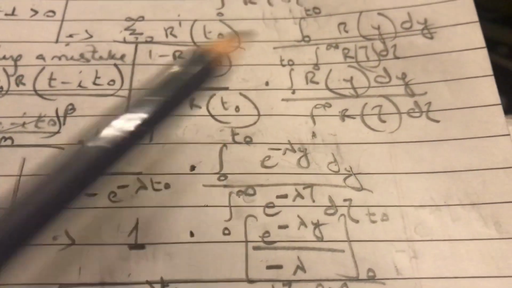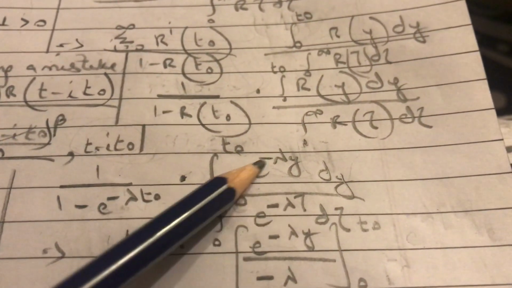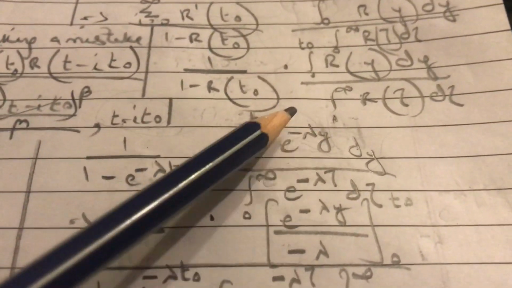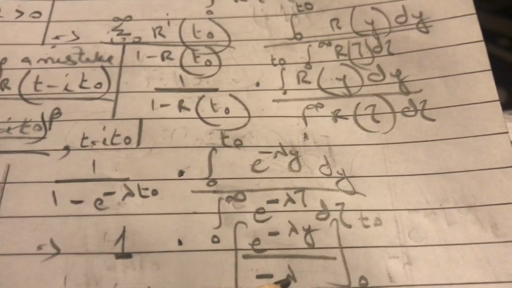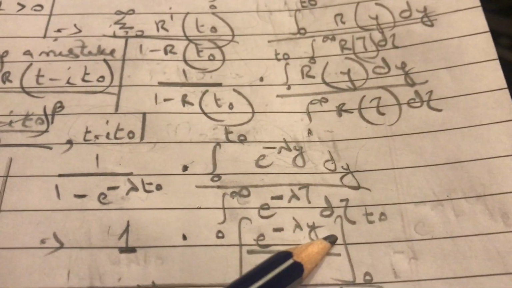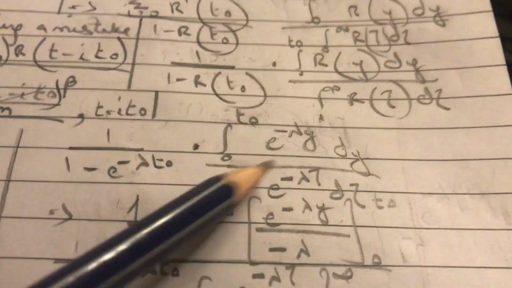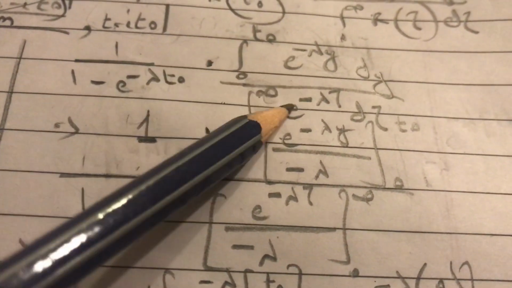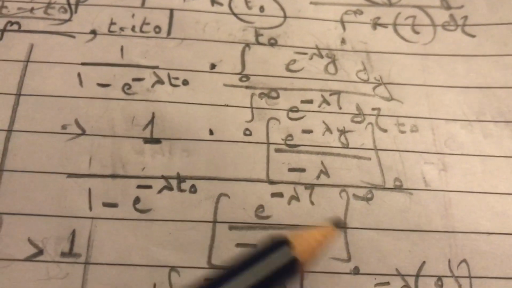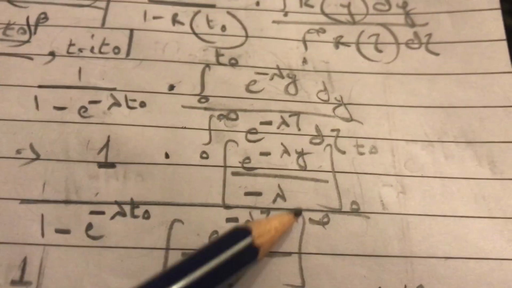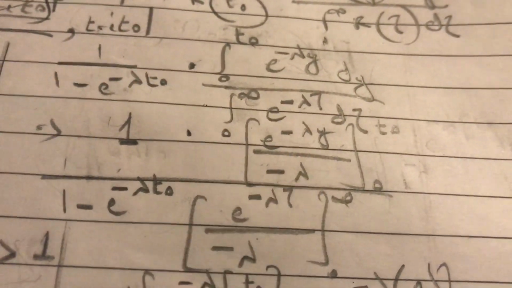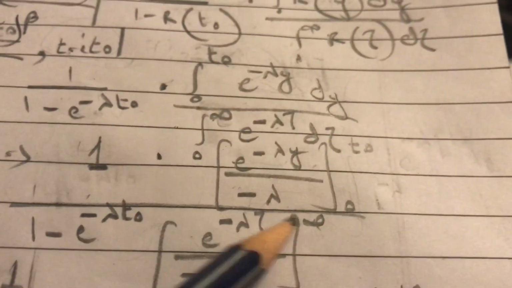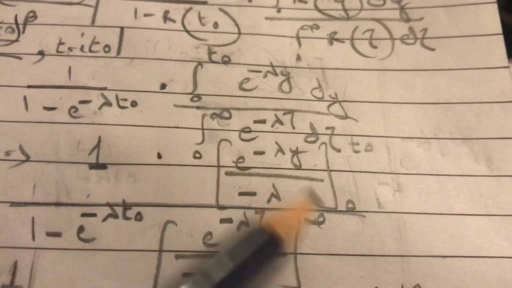The upper term, the power, comes in division. Okay, and this remains the same, and we have to limit it from 0 to t0, and same goes here. This remains in the same way. E to the minus lambda tau going from 0 to, oh sorry, not lambda, sorry, 0 to infinity.